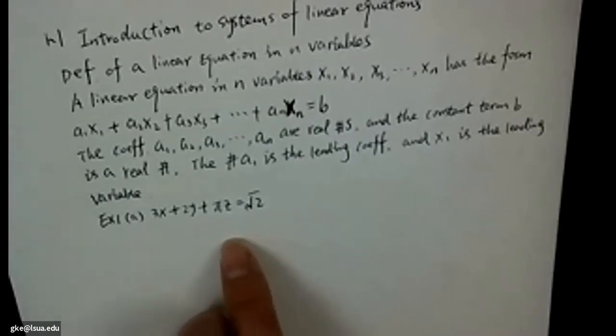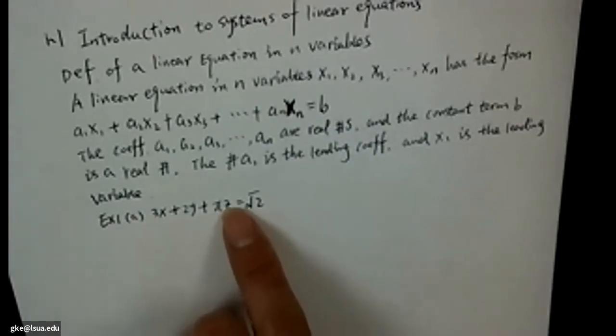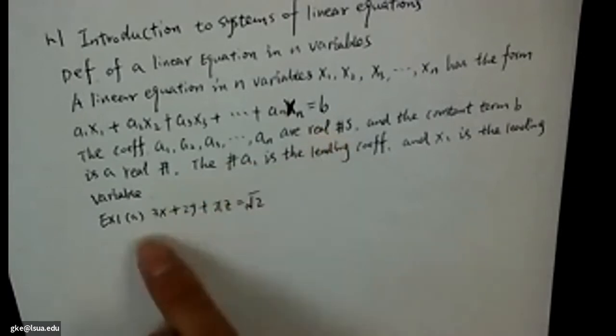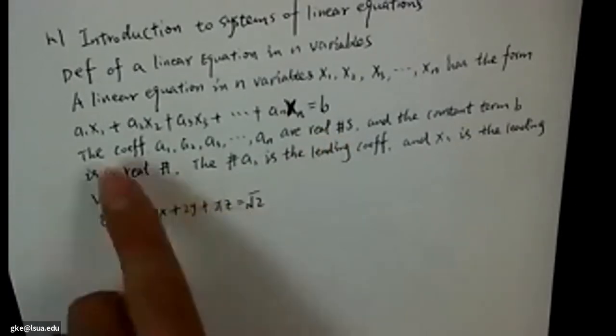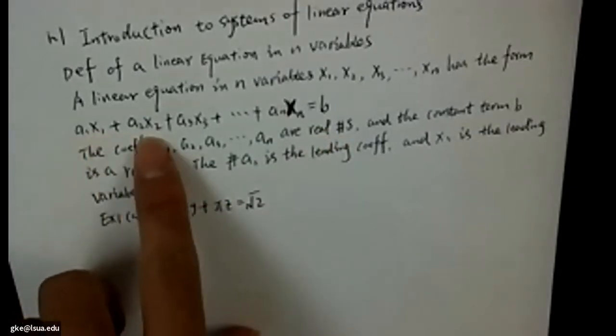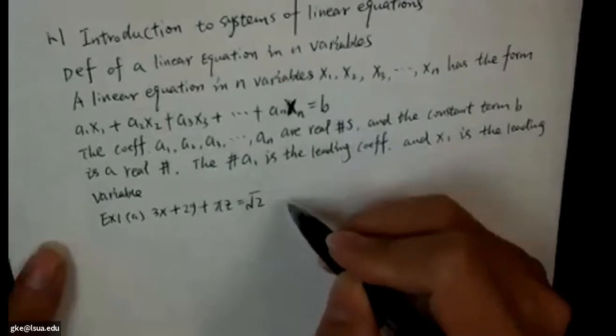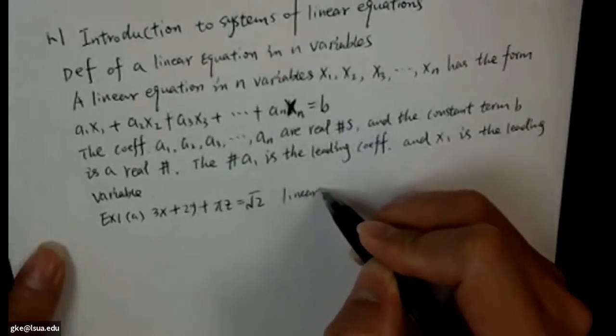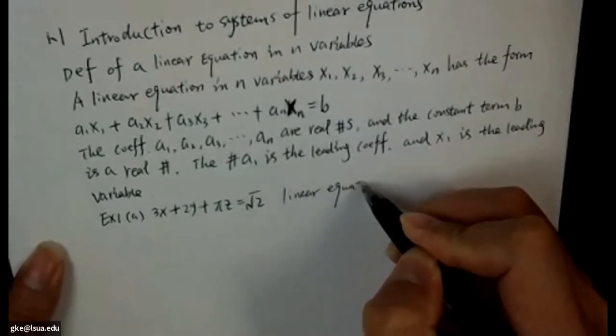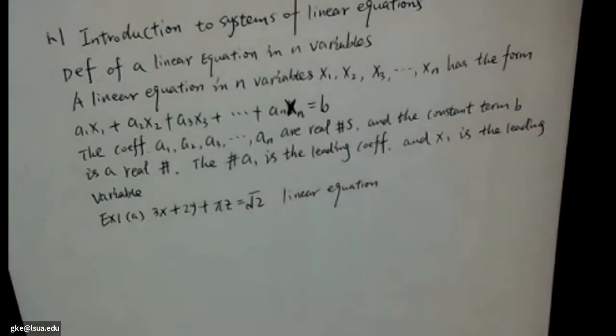And we also have x, y, z corresponding to x1, x2, x3. Okay, so that is a linear equation.